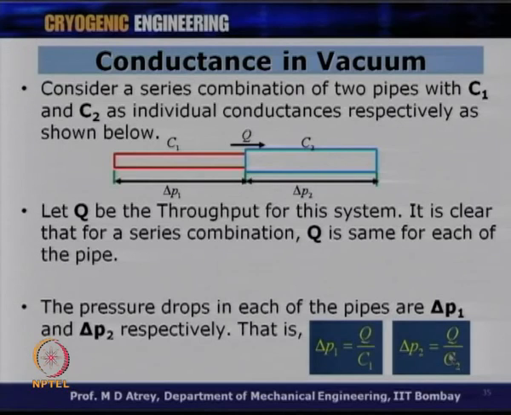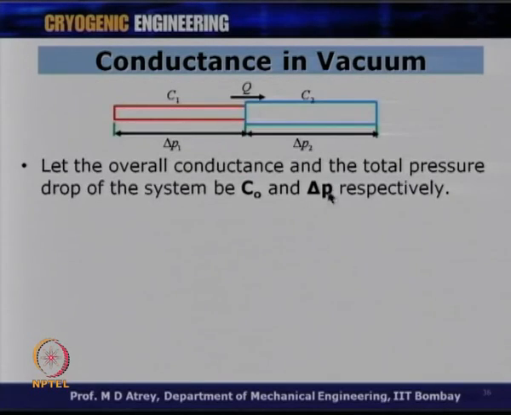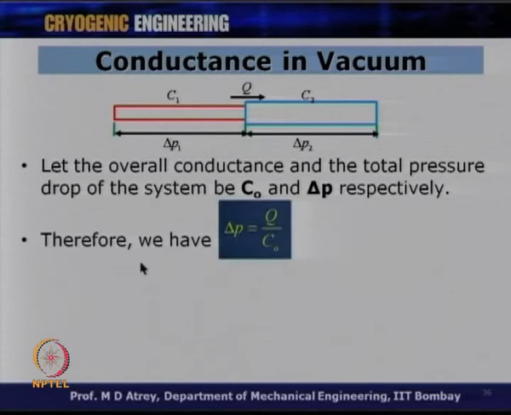And what we know, let us have an overall conductance as C0 and let us try to relate that to this. And we also know that the overall pressure drop delta P is equal to delta P1 plus delta P2. So, let the overall conductance and the total pressure drop in the system be C0 and delta P respectively. And what we know therefore is for this system delta P is equal to Q upon C0, all right.